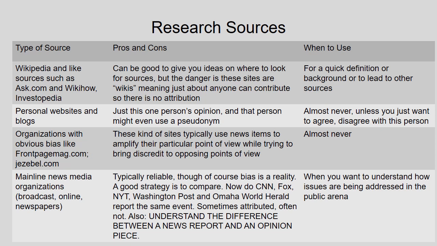But I tell you, when I do use Wikipedia, it gives you a little bit of information on a topic, and at the bottom, it gives you some sources. So it's actually a pretty good source for just starting to look at a topic and then moving on from there, with the sources. I certainly wouldn't quote from Wikipedia or Investopedia or anything like that, but really for a quick definition or just to put something in your head, they're really not bad.